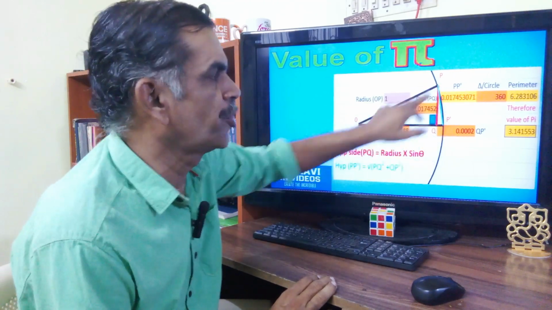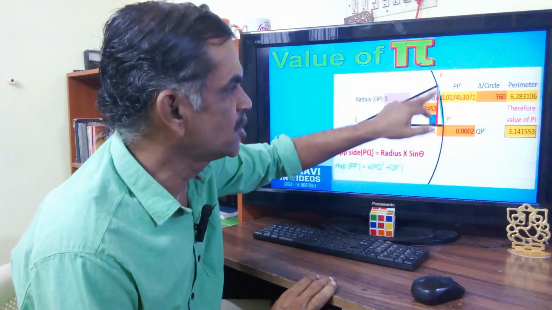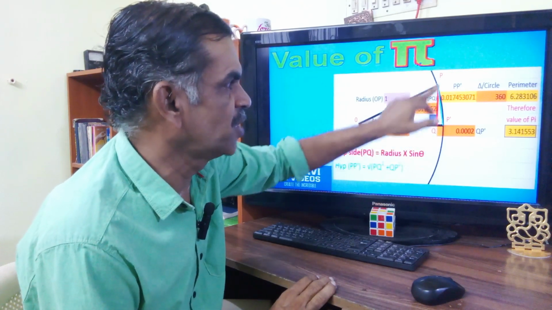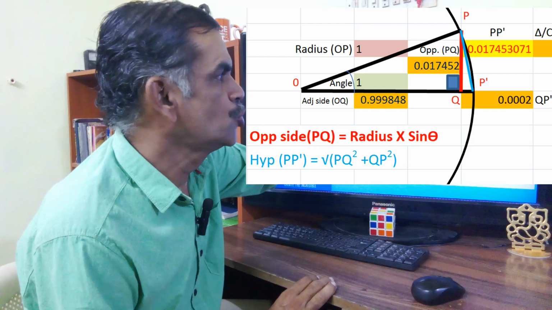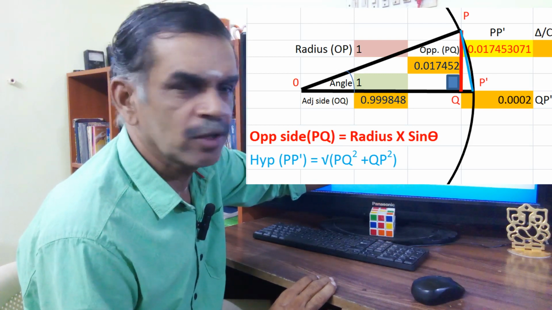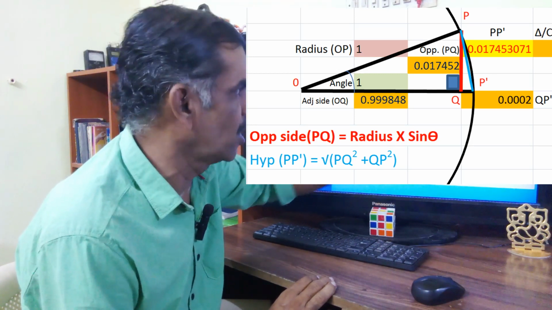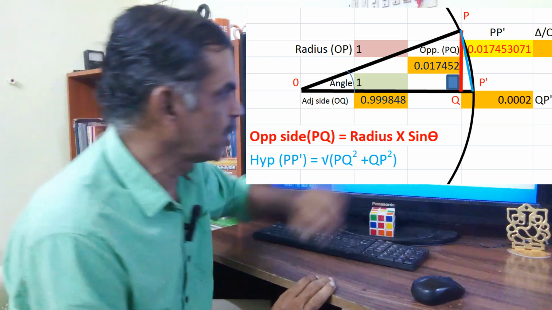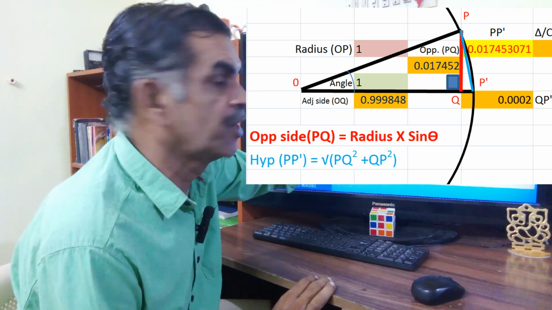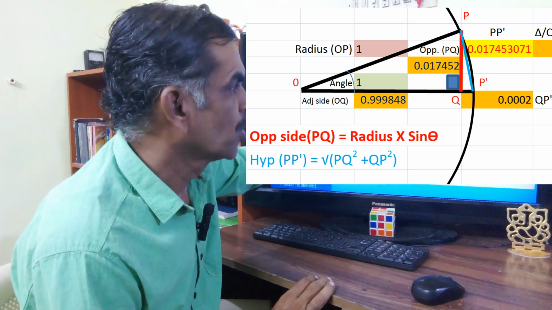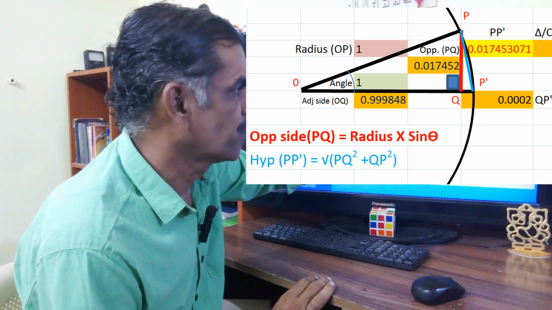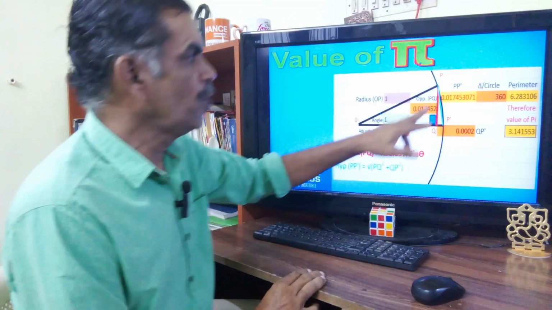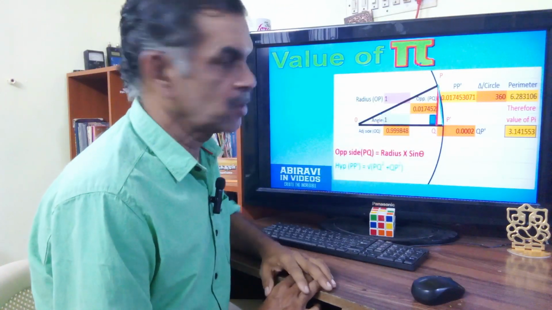Now we can come to this triangle. There is a small triangle, QPP dash. That is a right angled triangle. We want to calculate the hypotenuse of this triangle, PP dash. For calculating the hypotenuse of this right angled triangle, we have the height and the base. That means we want to calculate this PP dash.